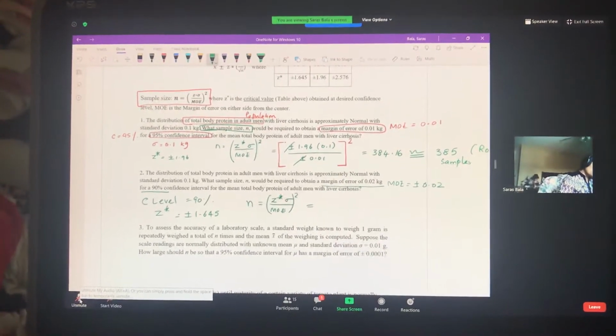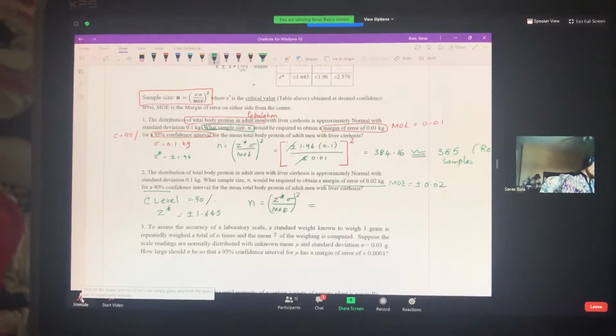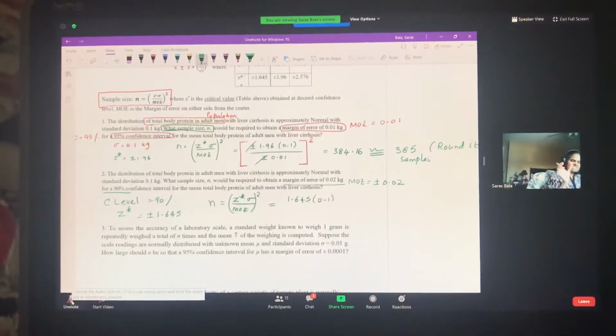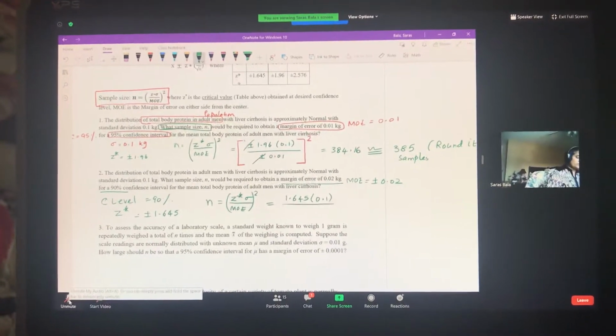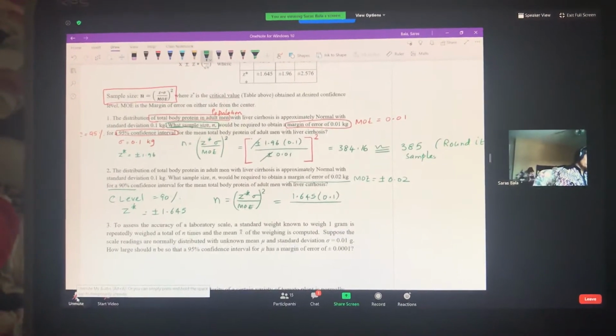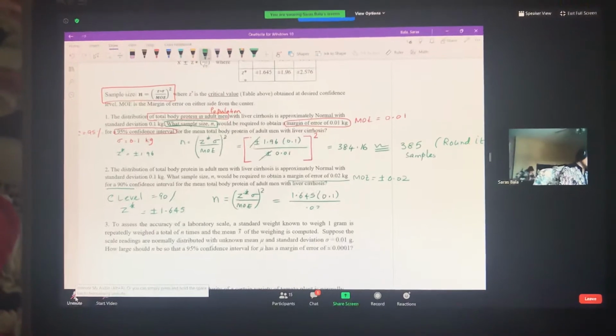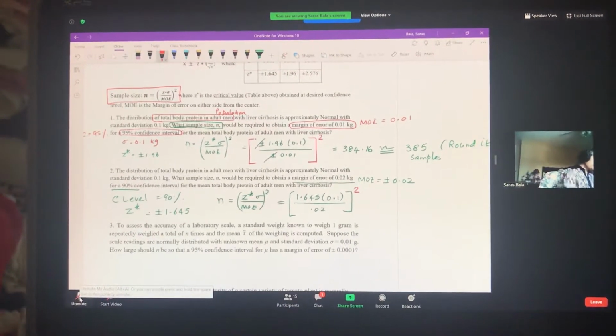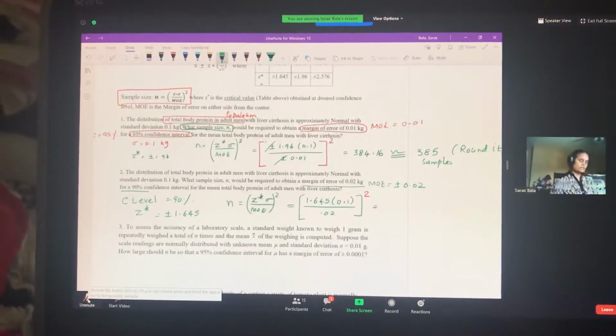So this is 1.645, and then your sigma is still 0.1, but you're just increasing your margin of error, so the denominator is going to be 0.02. Do not forget to square. That's very important.